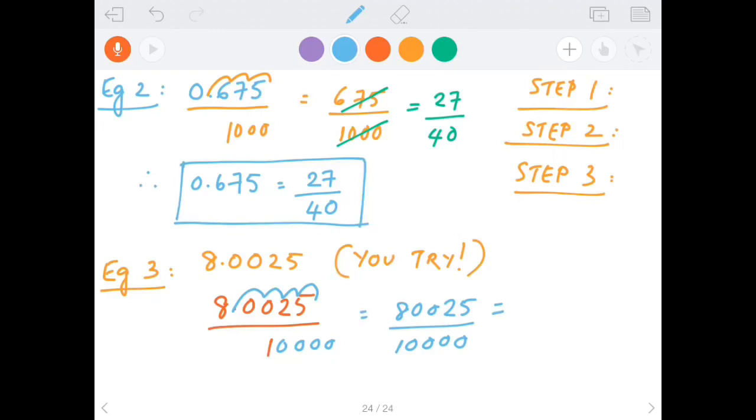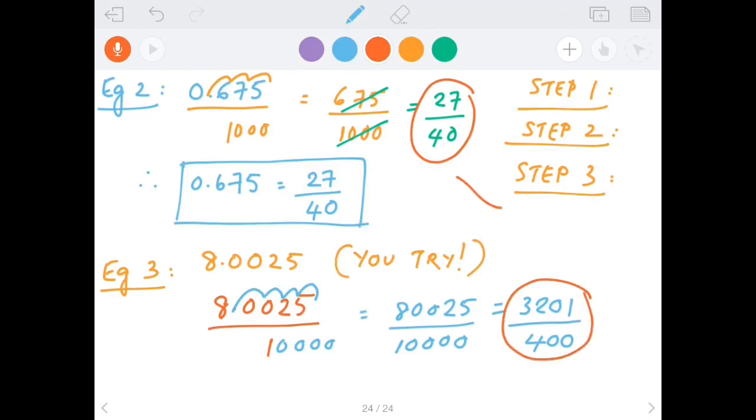And now you're going to simplify it, and you notice that on simplification you get 3201 divided by 400. Therefore, you notice that everything is in the form P by Q, and both of them have a HCF of 1 between them, indicating that both the numbers are co-prime.